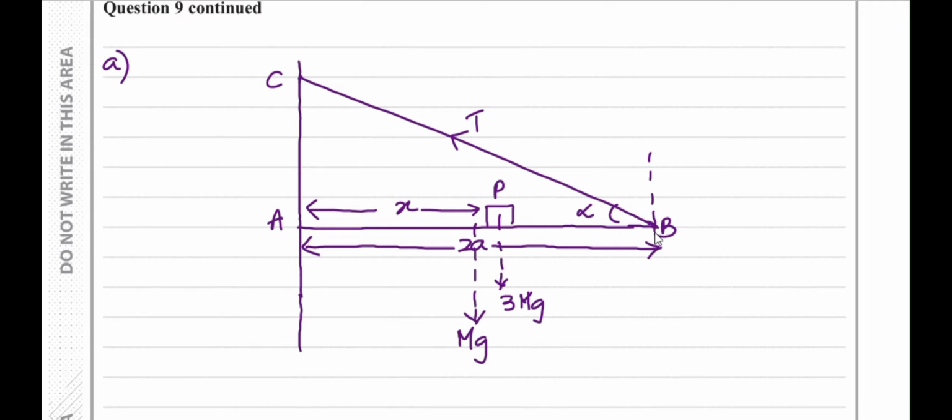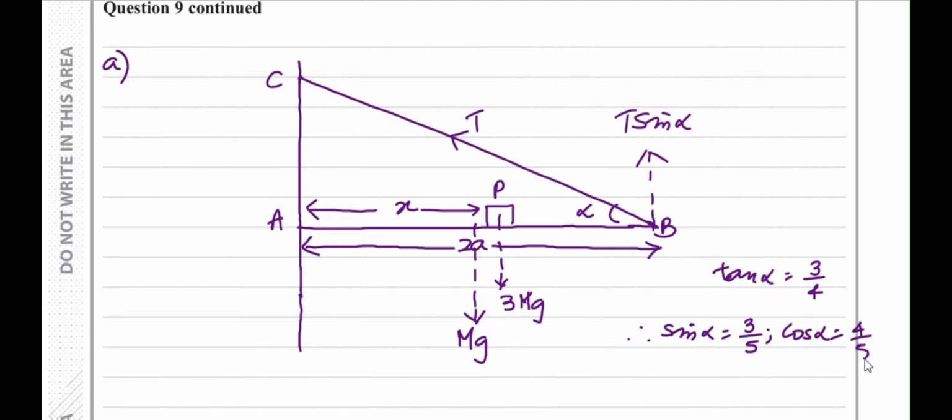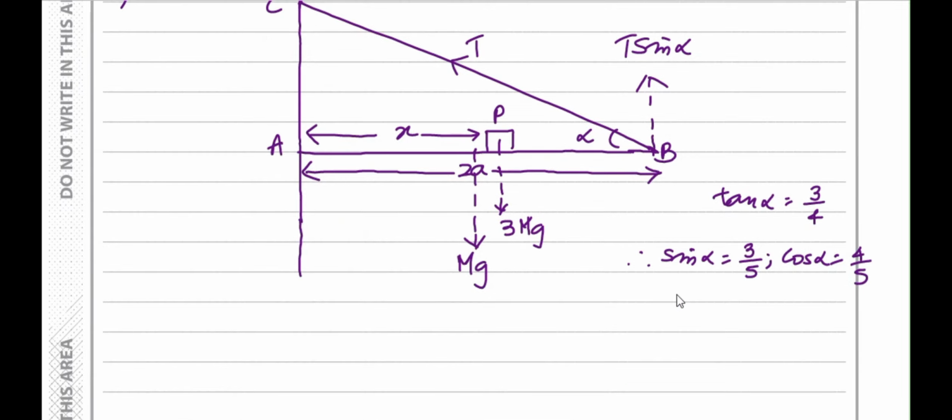Let me draw this component here. It must be T sine alpha. We have been told that tan alpha is 3/4. Therefore, if we draw the right-angled triangle, sine alpha is 3 over 5 and cos alpha is 4 over 5. And we have to find T.